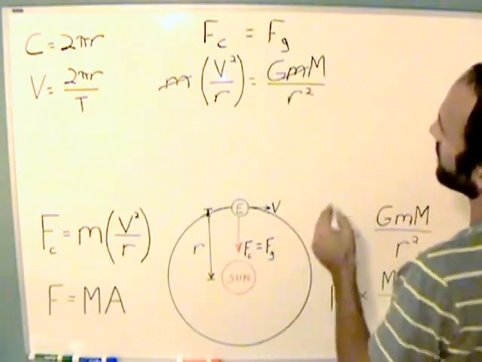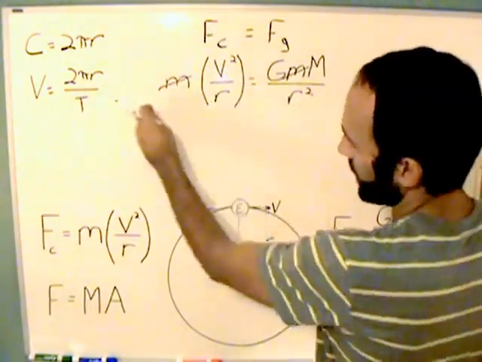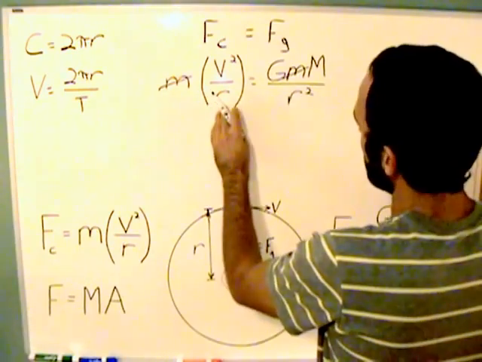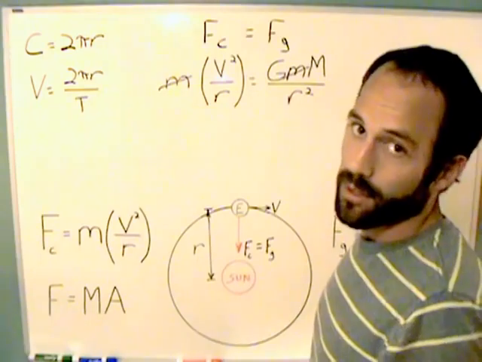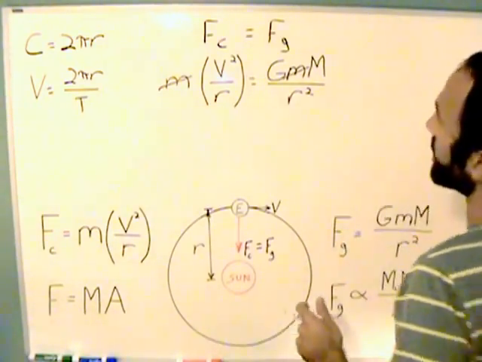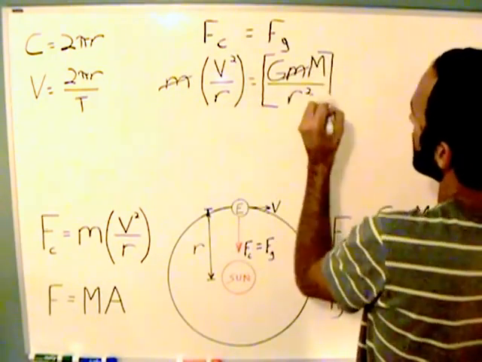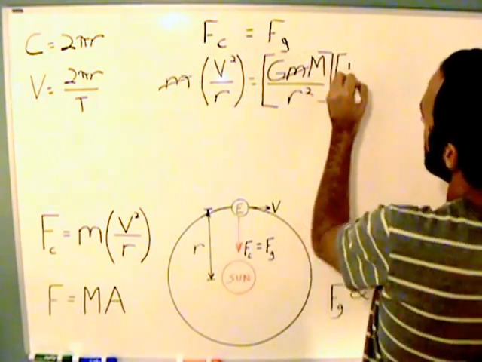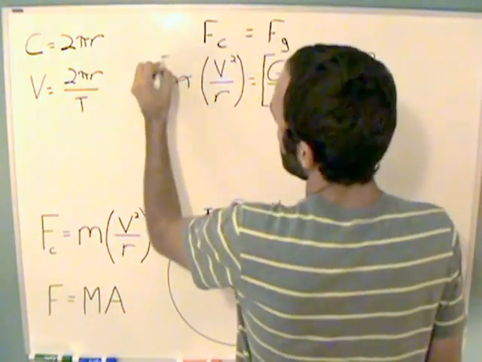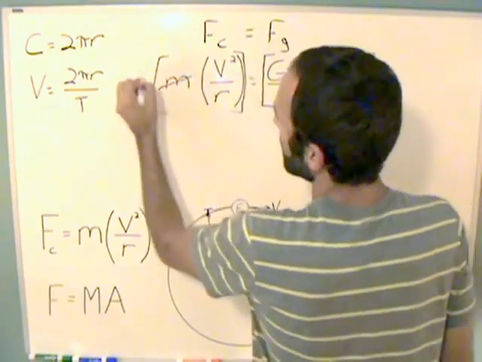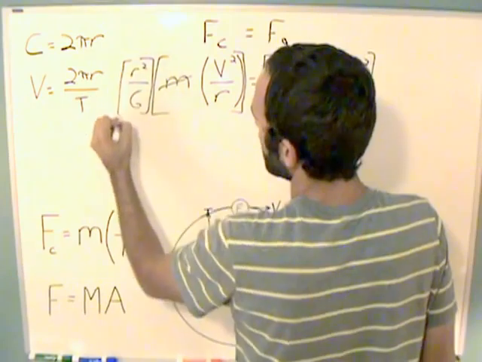So we need to isolate the mass of the Sun. We have everything else. We have the velocity, which can be calculated with this equation. We have the radius, and they had the gravitational constant, which who knows how that was really determined, but it doesn't matter. Showing some simple algebra here, you could multiply this side times r squared over G, and multiply this side times the same thing, just to show the steps.